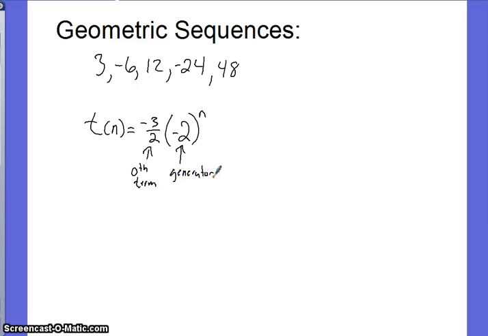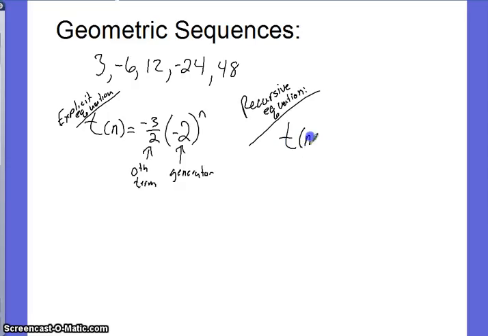Now this is what's called an explicit equation. We can also write this as a recursive equation. A recursive equation is, once we know one term, how can we find the next? So t sub n plus 1, meaning the next term, is equal to t sub n times -2.